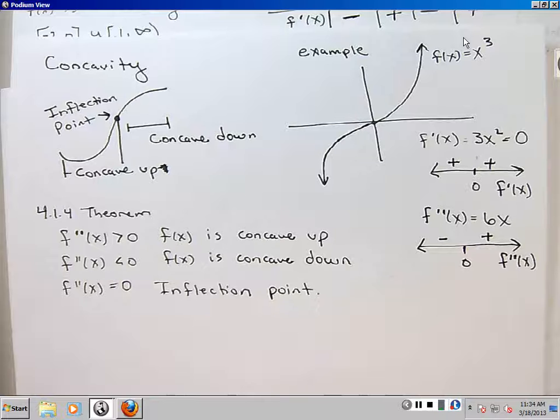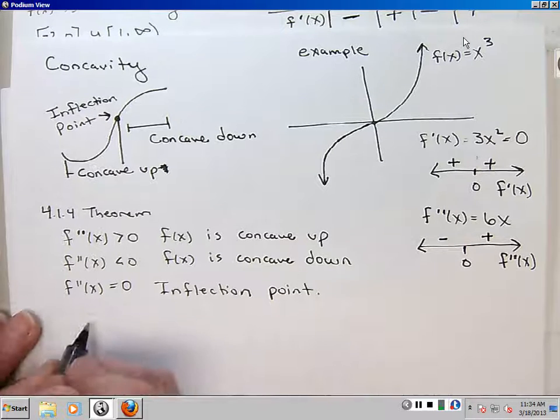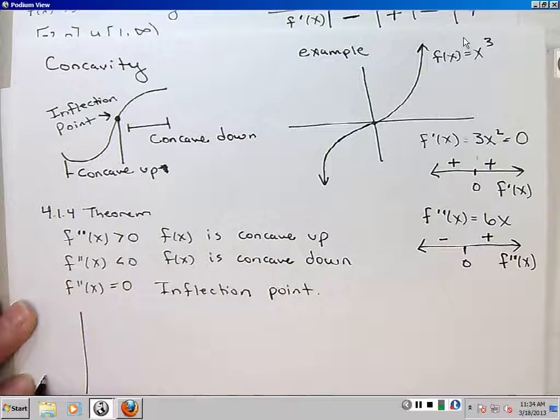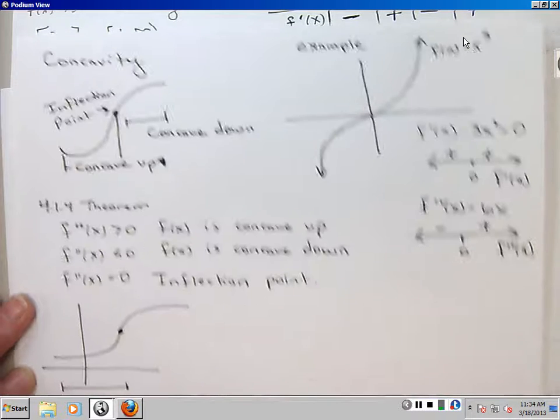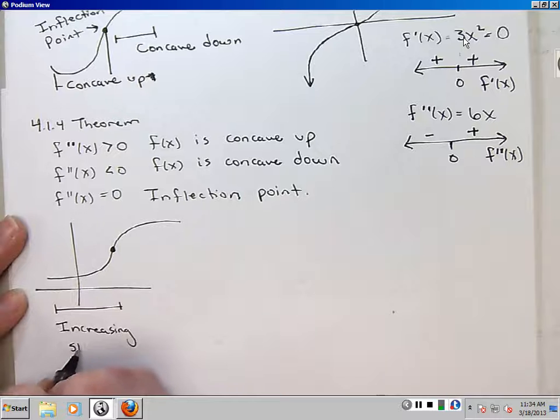Okay. So I drew this same graph again. This is my inflection point. In this interval, I'm increasing slope.